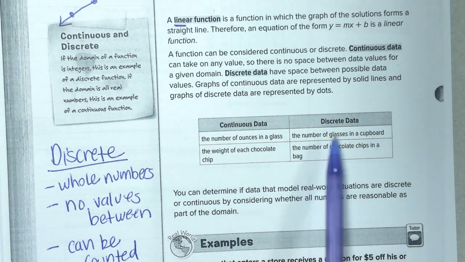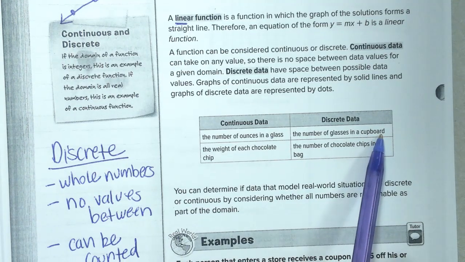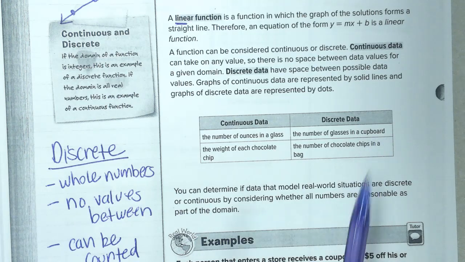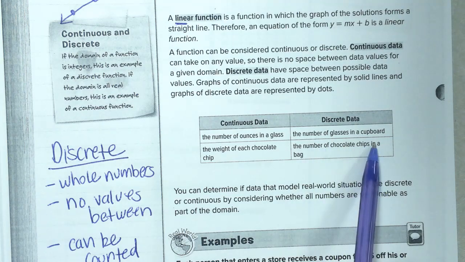Okay, the number of glasses in a cupboard. If you open up your cupboard at home tonight and you count the glasses, you're not going to count 1 1/4. Okay, and I always have some people who try to be smart and say, but one glass is smaller than the others. It's still a whole cup. Okay. The number of chocolate chips in a bag.